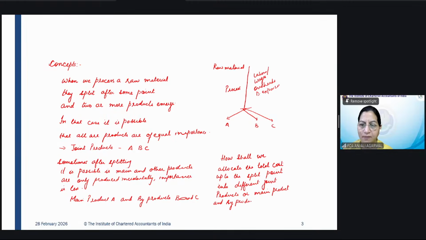So if there are main products, how are you going to allocate the cost which you incur up till this point amongst A, B, and C if all three are your main products? Or if A and B are main products and C is a byproduct, or if A is the main product and B and C are the byproducts. The whole chapter is about the most appropriate method to allocate the total cost up to the split off point into different products.